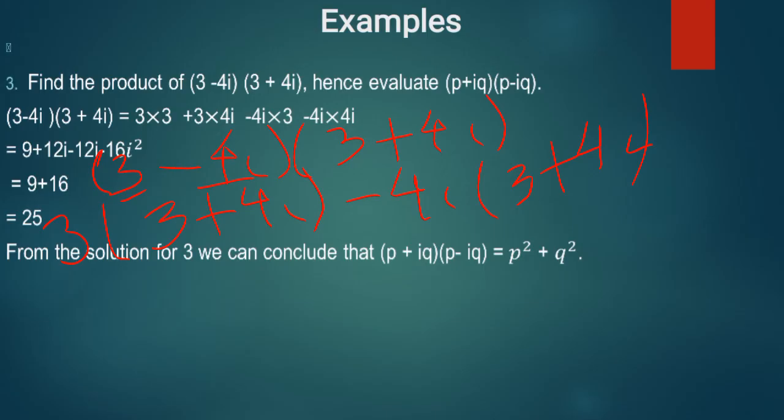I didn't show that step. So now what do you do? 3 times 3 as our next step, plus 3 times 4i. Now minus times, there's no sign here, so that's minus times plus. So I'm doing 4i times 3.